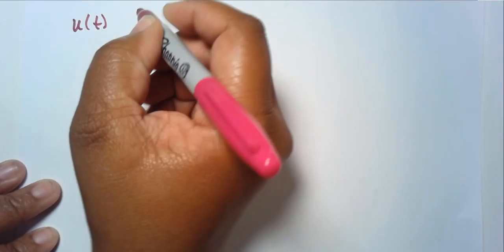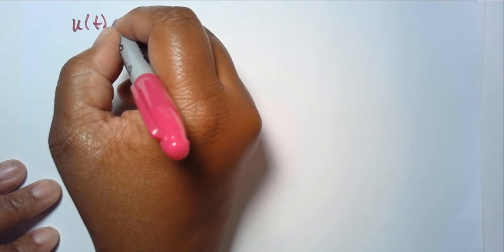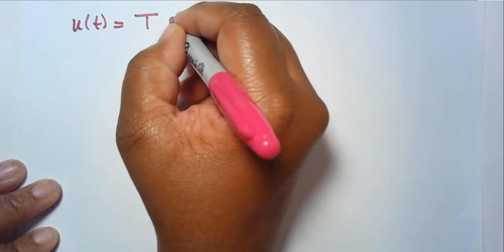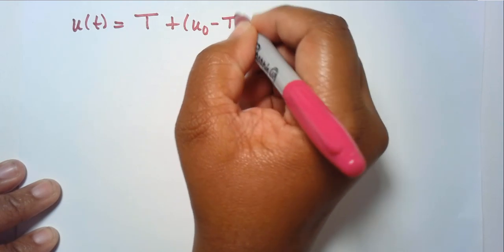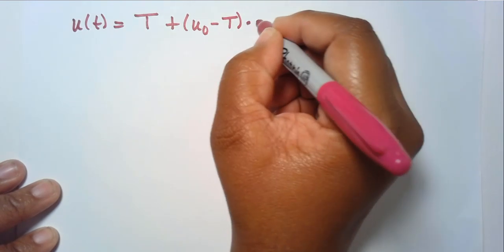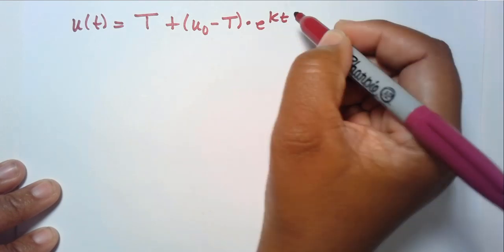I'm going to rewrite the equation again because we need to fill in some information noted in the problem. U of t is equal to capital T plus U sub zero minus T, times e to the kt.